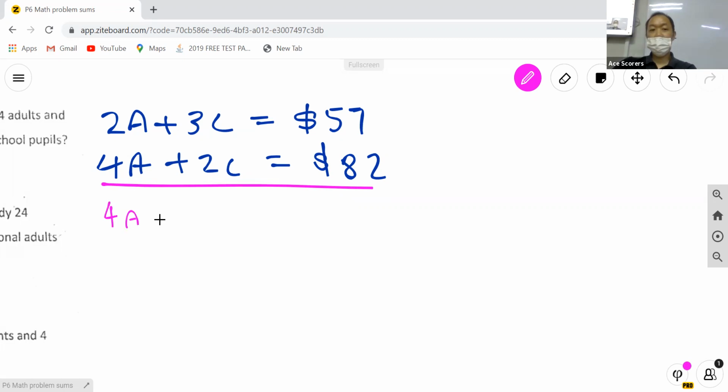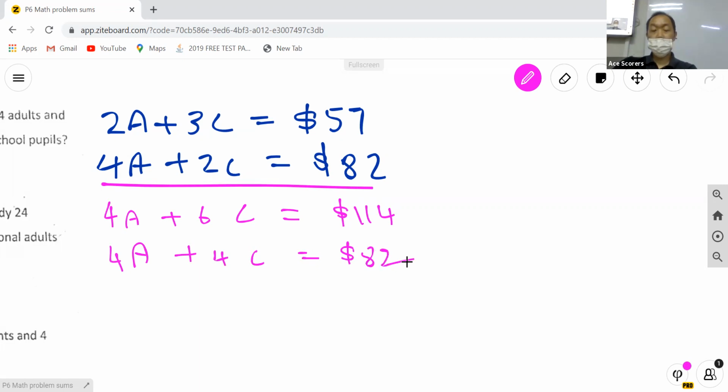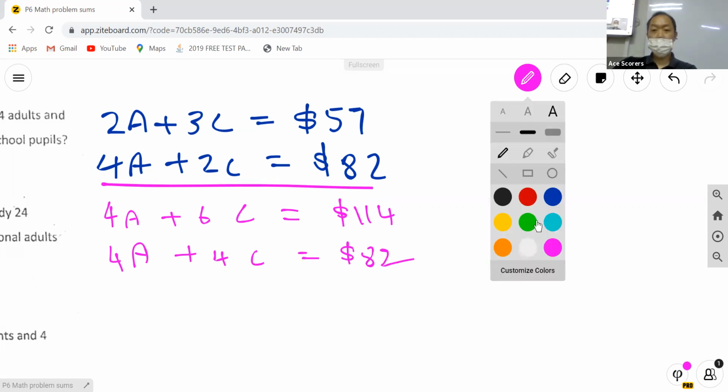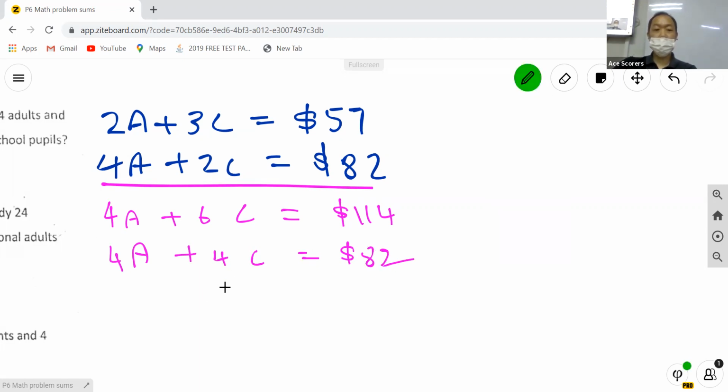So 4A plus 6C equals 114. Then here 4A just remains, plus 4C equals 82. Next step, take the big minus the small, so we get 2C equals 32.